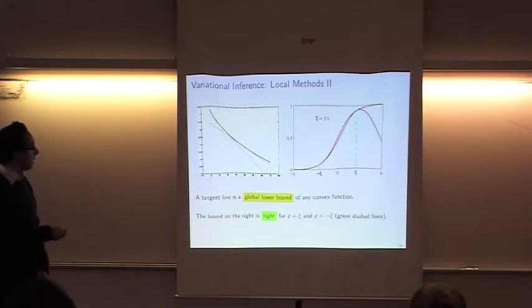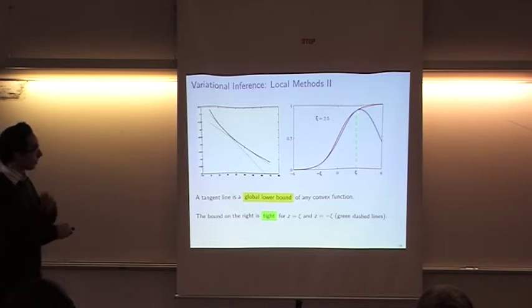This is the function that is convex as a function of z square, and this should be like tangent lower bounds. And each of these lower bounds results in a Gaussian lower bound on the logistic. The logistic function in this case is shown in red, and I can do a lower bound at a particular value of psi, and that results in a Gaussian lower bound on the logistic function that is tight at psi.